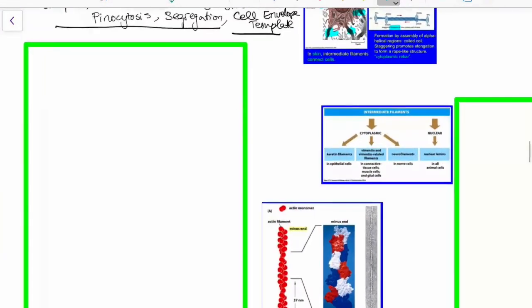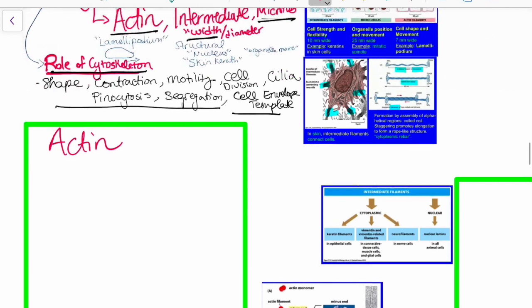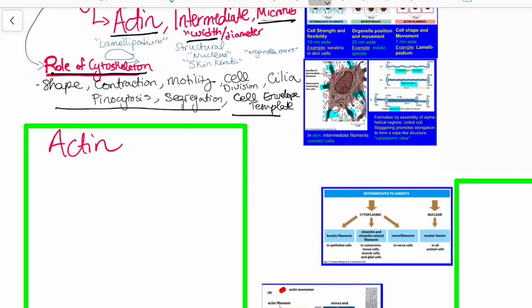So the first one we will do is the actin, and we learned that actin was for cell shape and movement. They're around 7 nanometers wide.